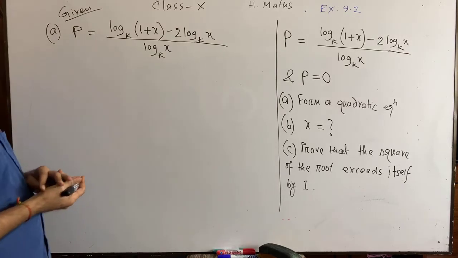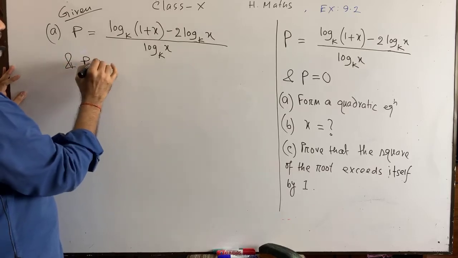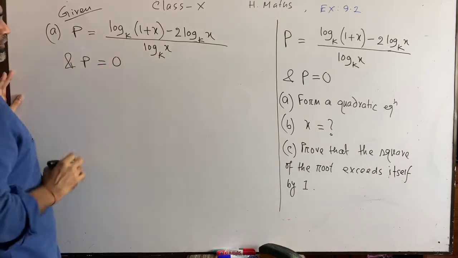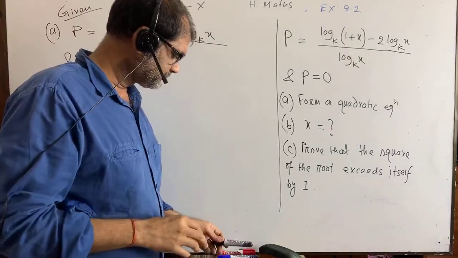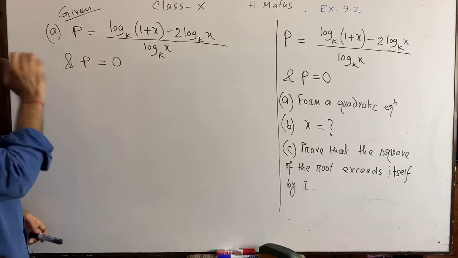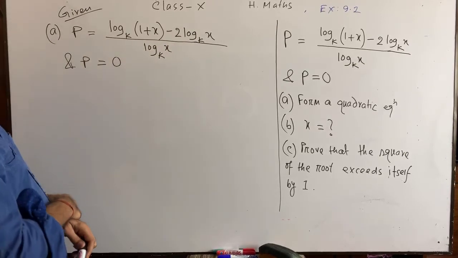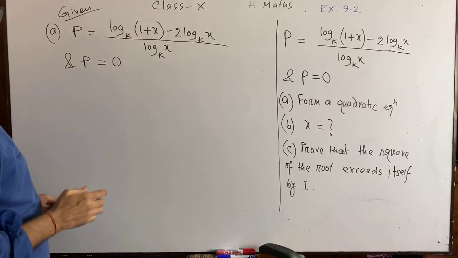Okay, and we are also given P equals to 0. That means the left hand sides are equal, right? So their right hand sides will be equal.